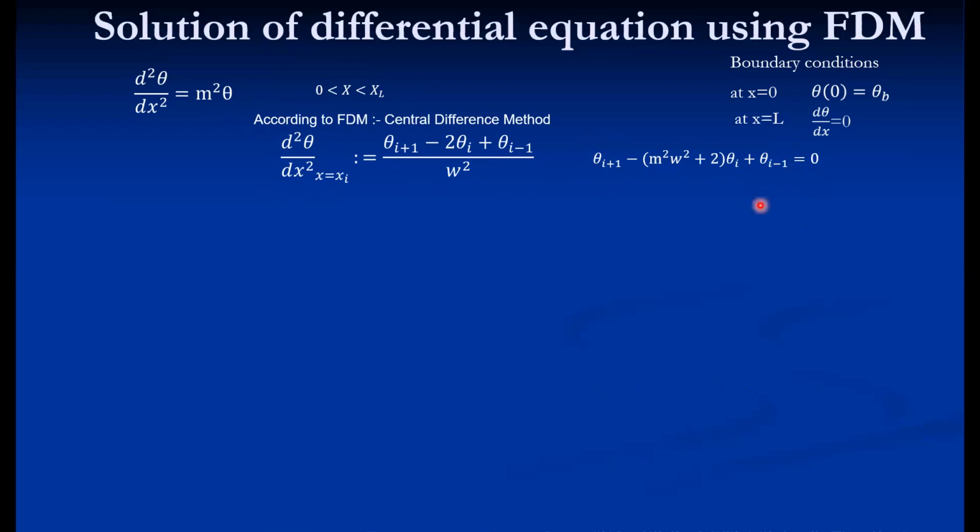Here w is actually the step size. This is the expression of theta in terms of i.